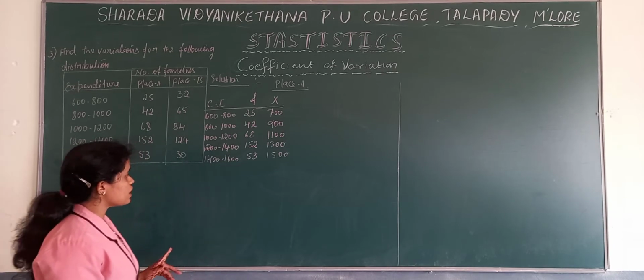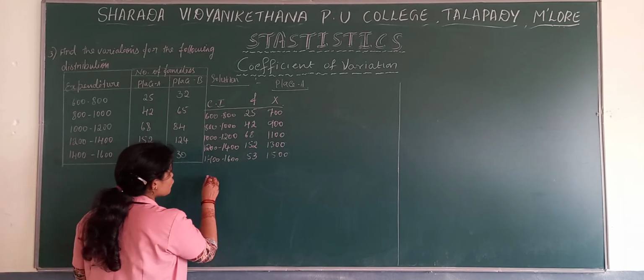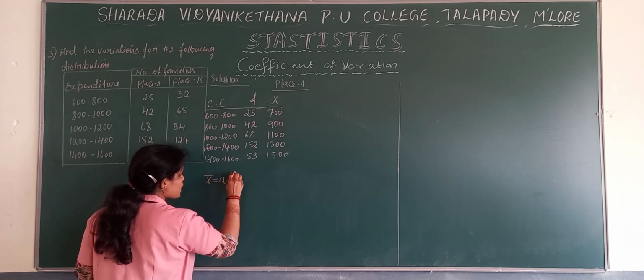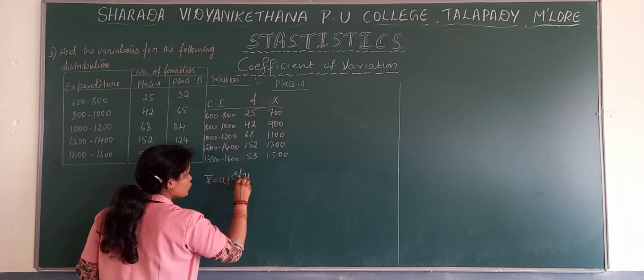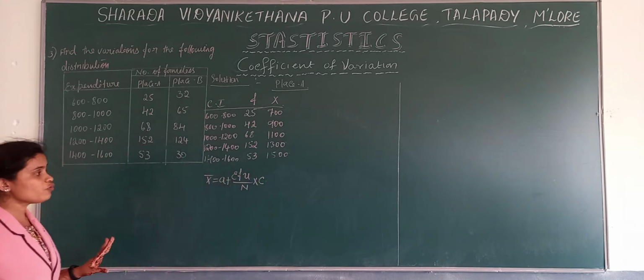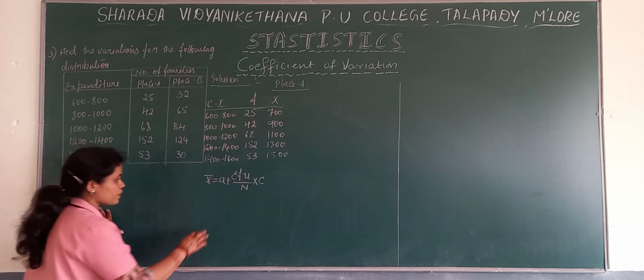The deviation method mean formula goes like x bar equals A plus sigma fu by n into c. This is the mean formula for deviation method.